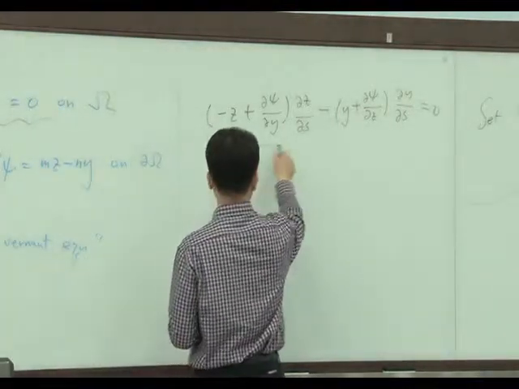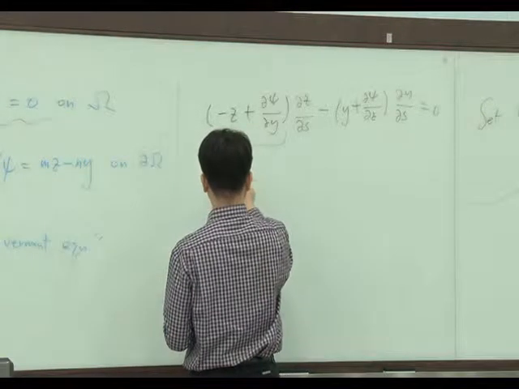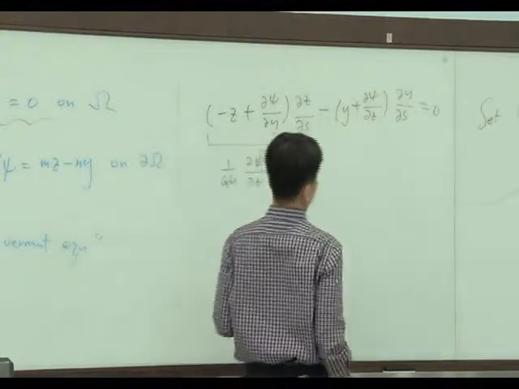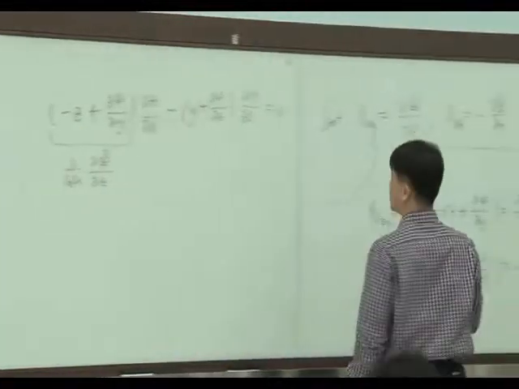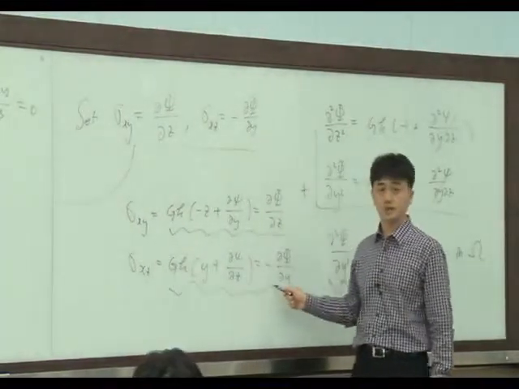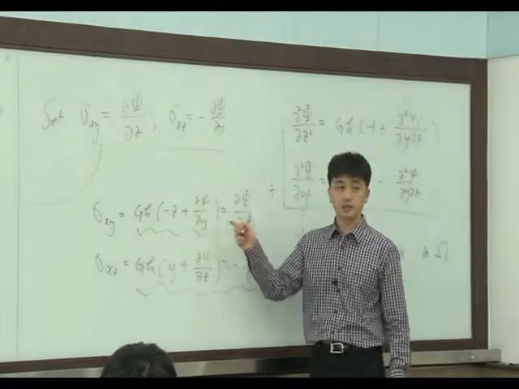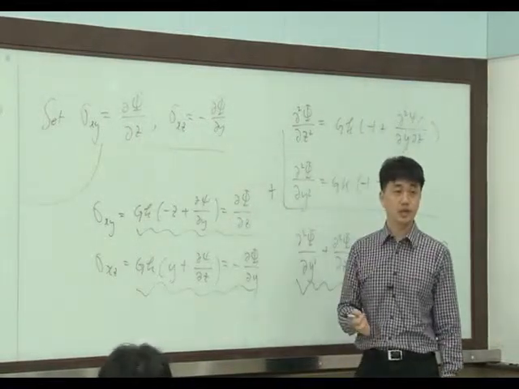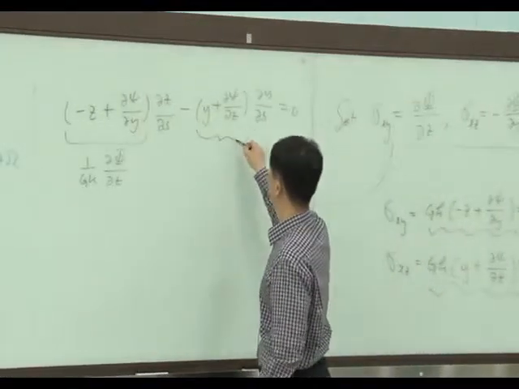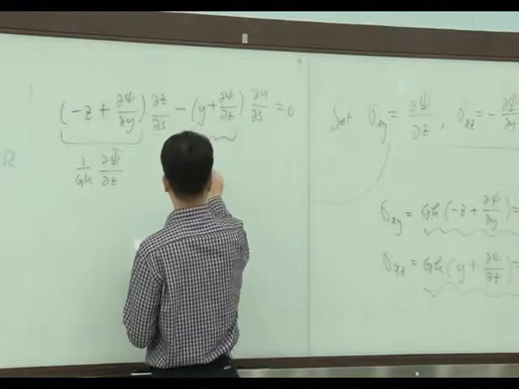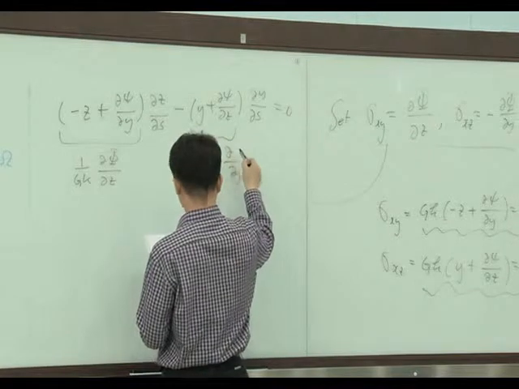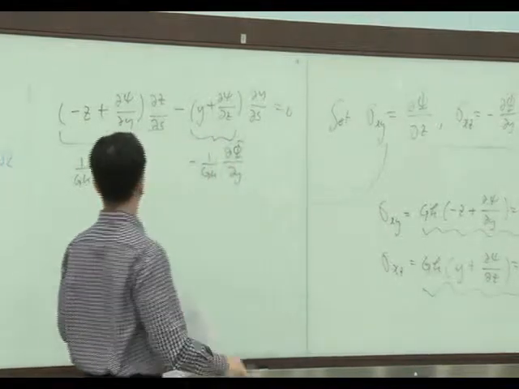And this part become 1 gk z pi from the relation here. Okay, from the relation here and here. So we are using the relation between stress function and warping function, and this part become minus gk 1 pi, right?